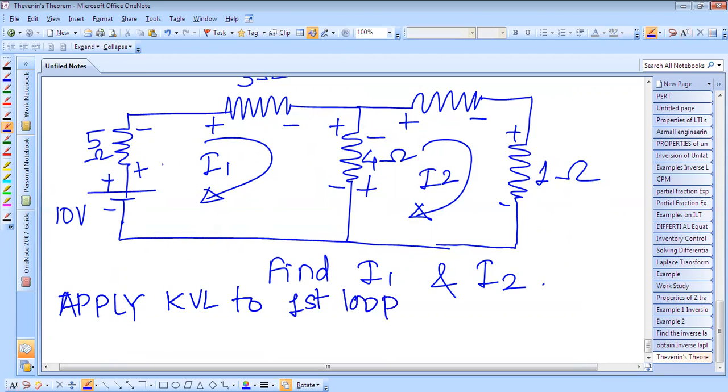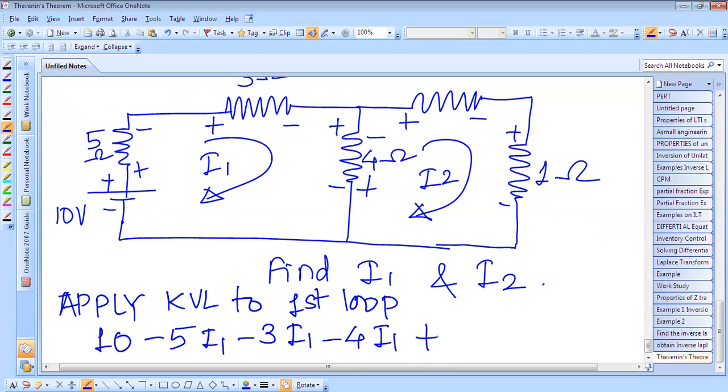Okay. Now we'll start from this 10 volt, minus 5I1, minus 3I1 again here, minus 4I1, and this one current is coming like this, another current is going upwards.